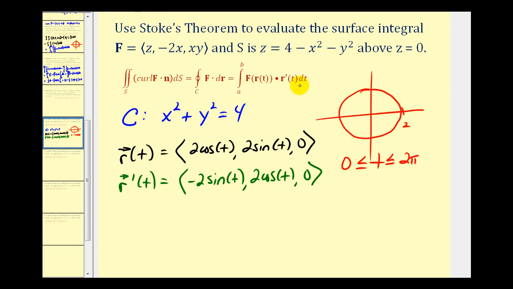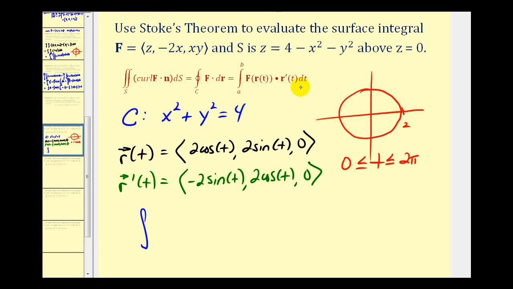Let's see if we can set up this integral in terms of t. The limits of integration will be from 0 to 2 pi. We need to rewrite our vector field in terms of t using our parameterization. So we have x equals 2 cosine t, y equals 2 sine t, and z would be equal to 0. So our vector field is z, negative 2x, x times y.